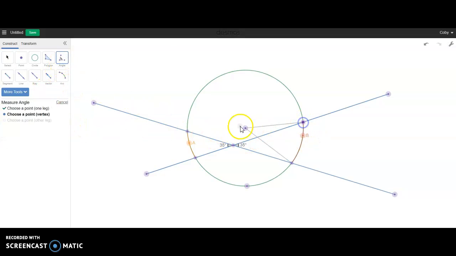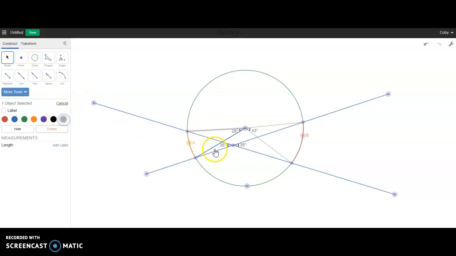The angle of that red arc is 43 degrees. The orange arc is 28 degrees.